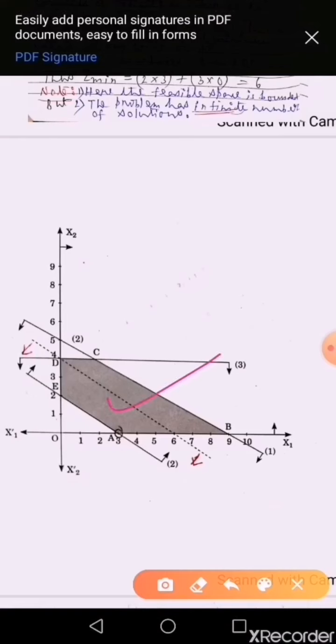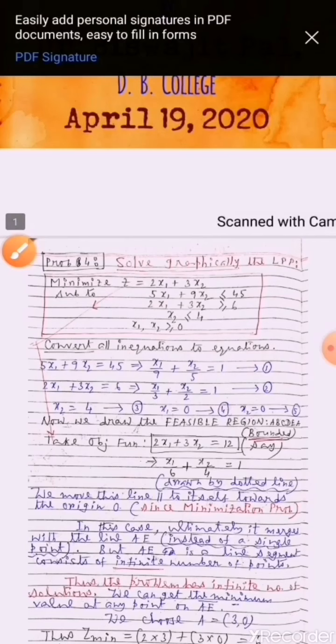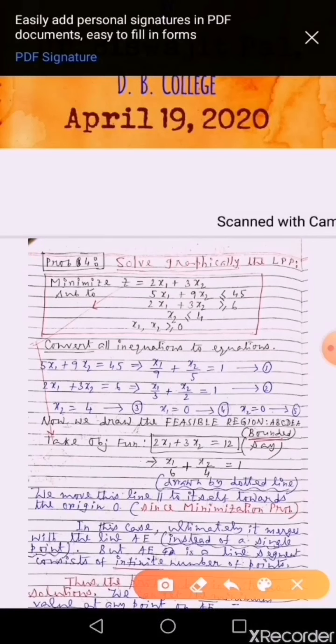So you see, this is the dotted line. One thing we can note: the objective function is 2x1 plus 3x2, and one constraint is also 2x1 plus 3x2 greater than or equal to 6.